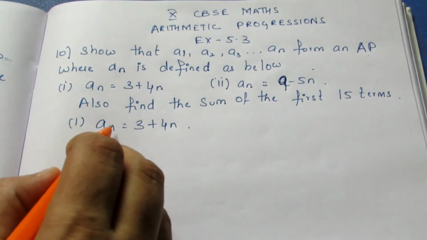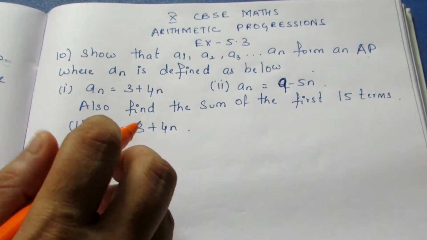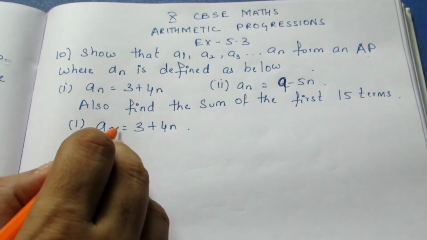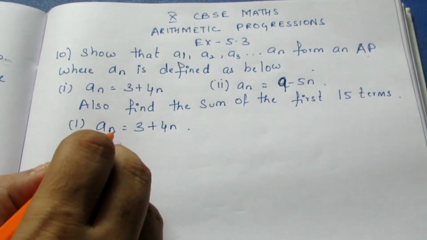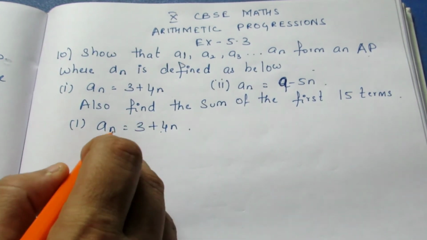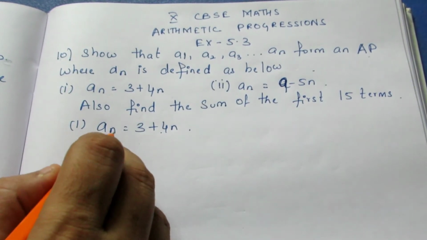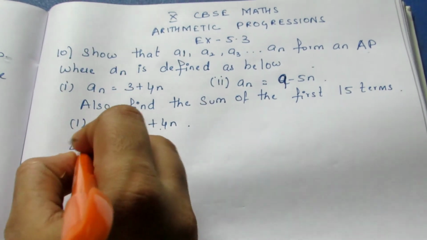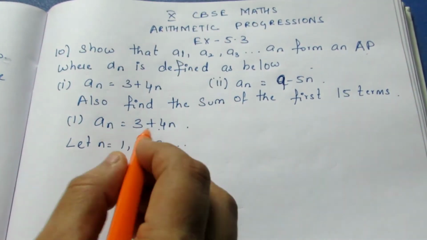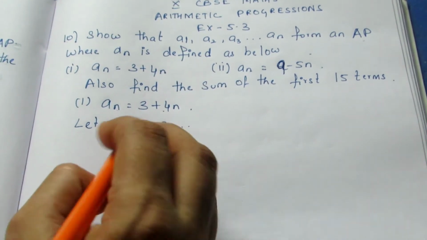For that, since the an formula is given, just substitute the values 1, 2, 3 in the place of n. Let n equal 1, 2, 3, and so on. I'm just going to find a1, a2, a3.